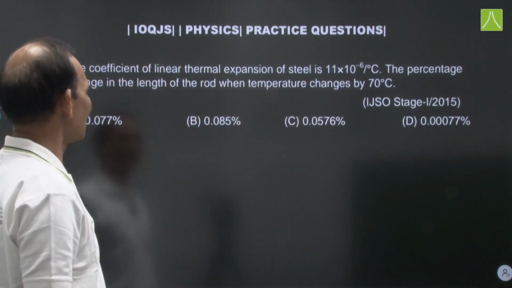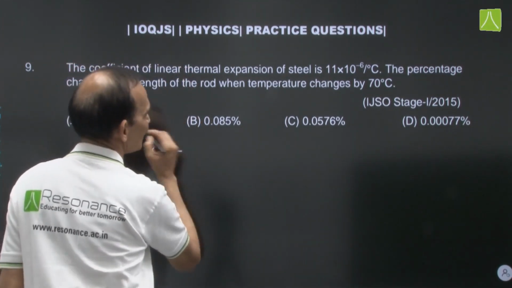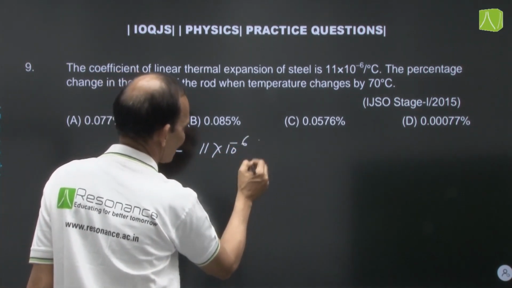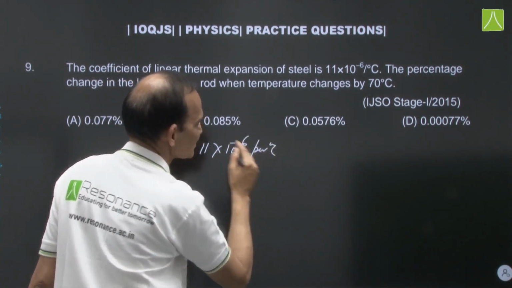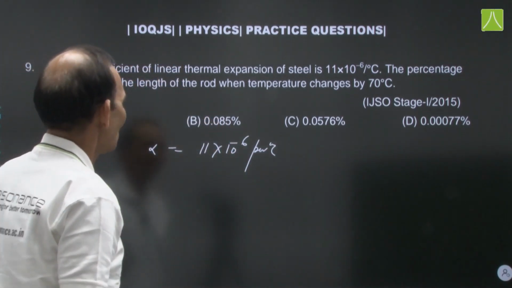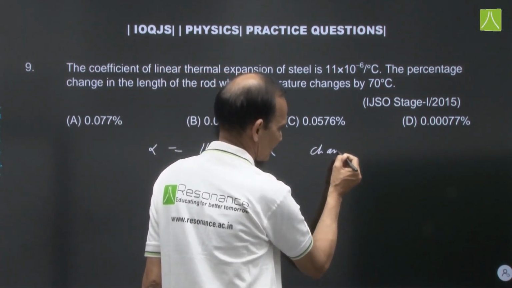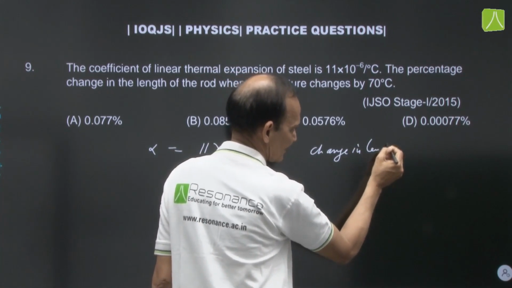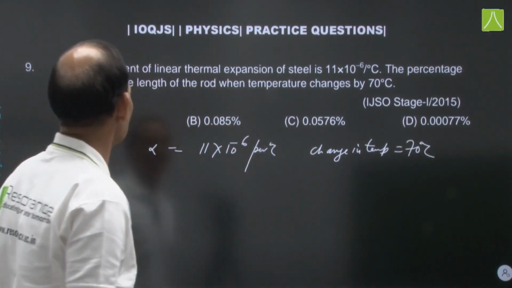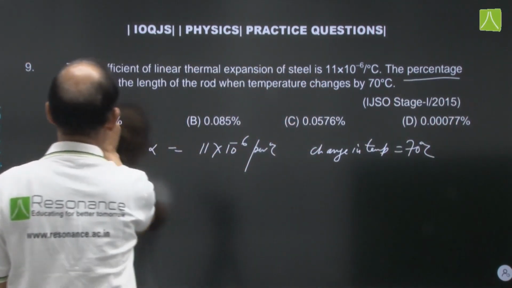The coefficient of linear thermal expansion, that is alpha, is given as 11 into 10 raised to the power minus 6 per degree Celsius. If the temperature changes by 70 degree Celsius, you have to find the percent change in length.